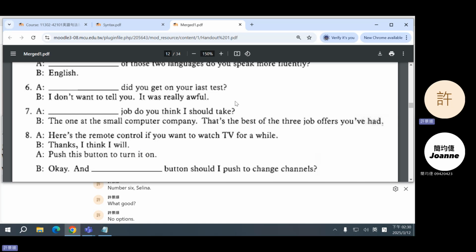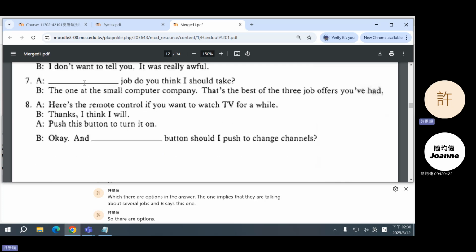Number 7, Carrie. Which? There are options in the answer. The one implies that they are talking about several jobs, and B says this one. So there are options.